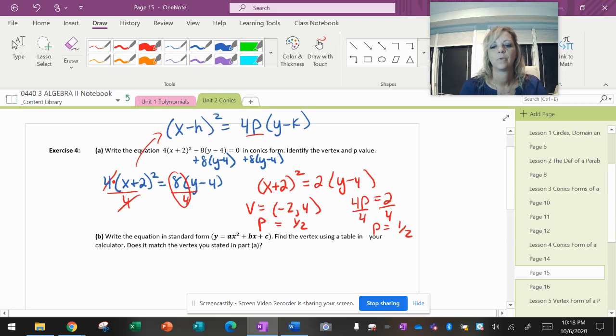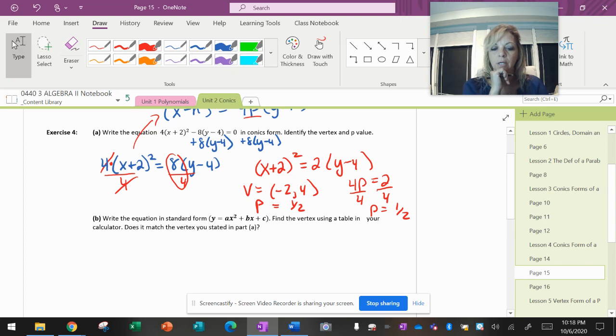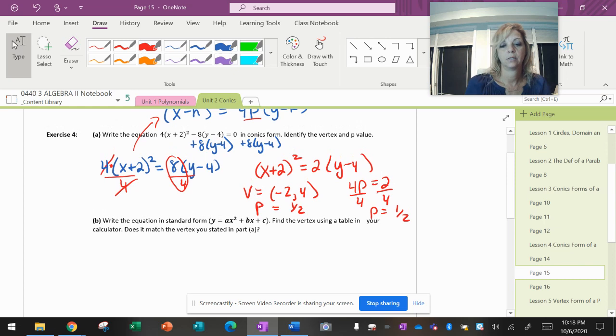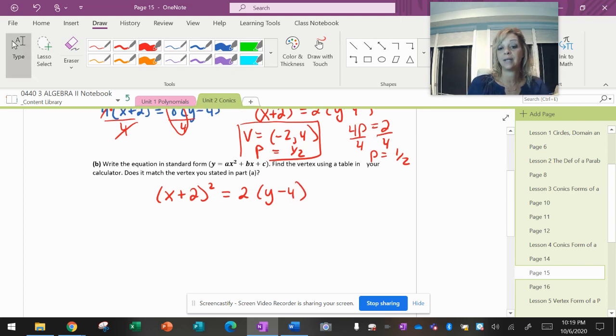Okay, all right, so now they want me to write the equation in standard form. Now remember, I have all this information in conic form, like this. They want me to put it in standard form of ax squared plus bx plus c.